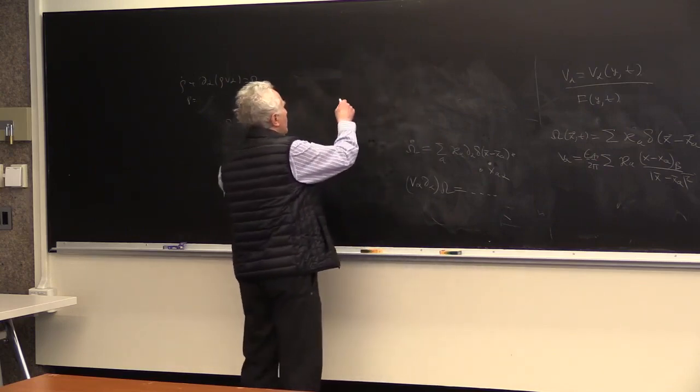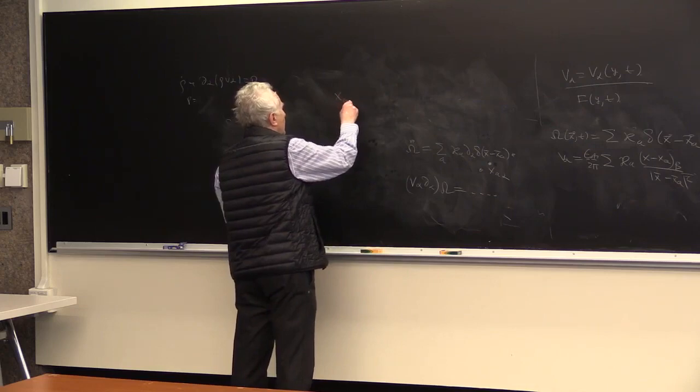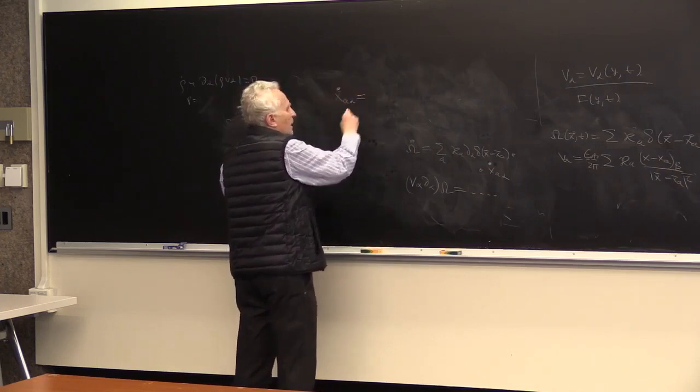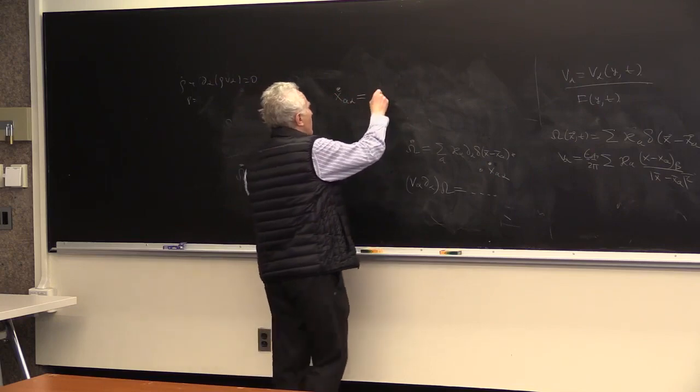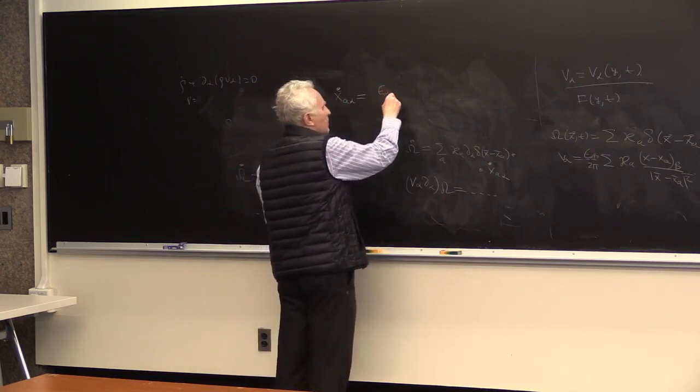The answer is the following. xA alpha dot is equal to epsilon alpha beta, and so on.